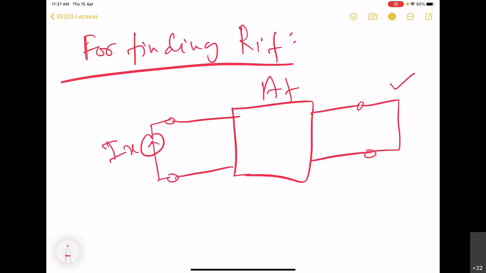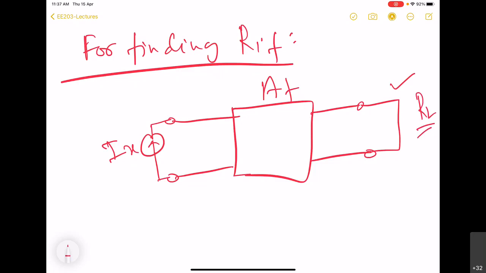This condition on the output side will be dictated by the nature of the amplifier, particularly by what should be the ideal load connected on the output side. That decides whether it is a current amplifier or a voltage amplifier.